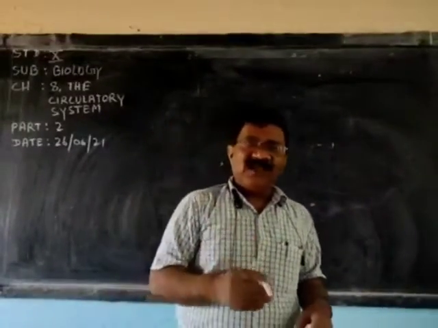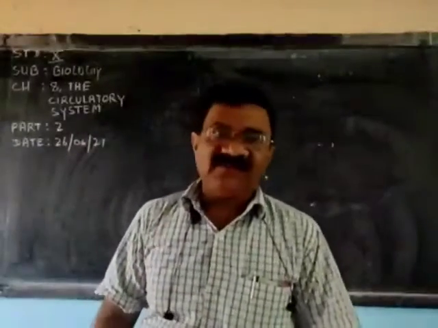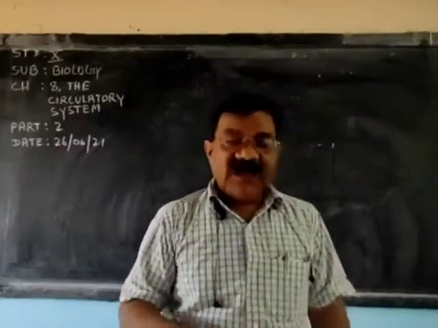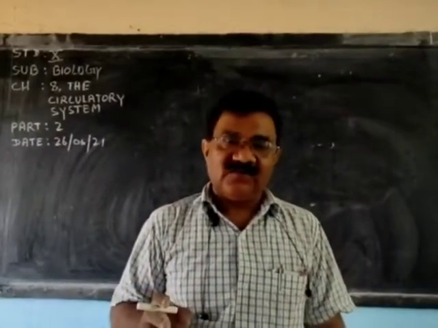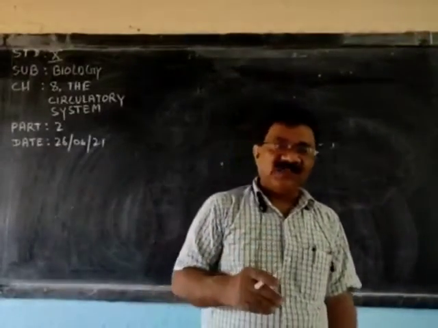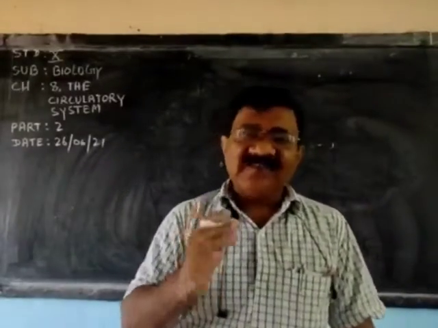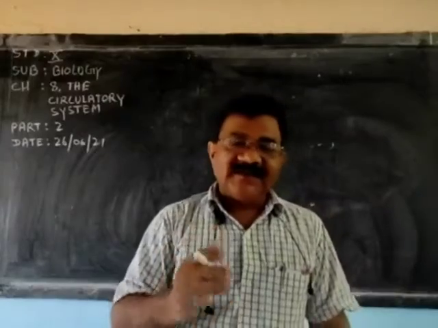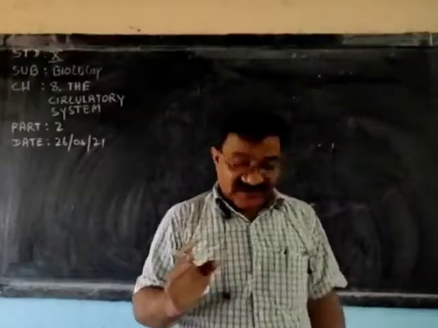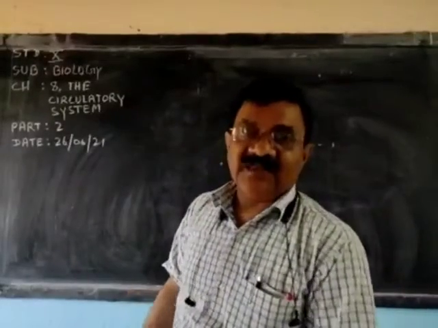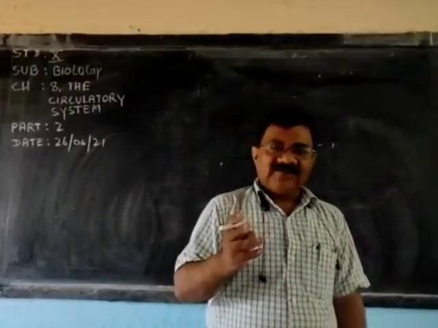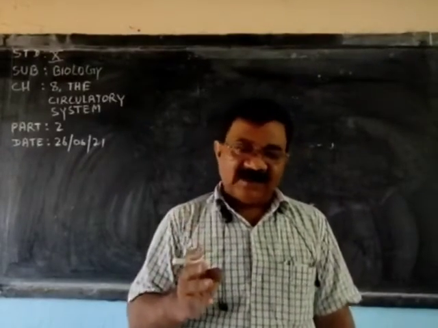Means what we have discussed in part 1, we have discussed in detail about the blood, the function of blood, and its composition. In composition, we have discussed that blood is made up of two things, the plasma and the cellular element. And plasma we have discussed in detail, and in cellular element we have discussed that it is made up of three types of cells: the RBC, WBC, and platelets.